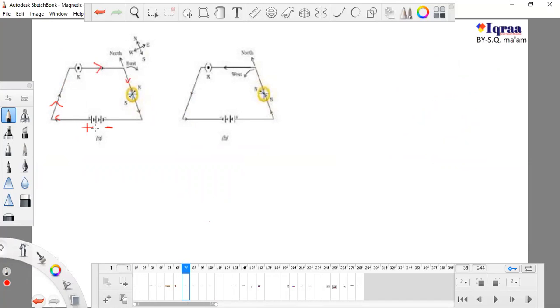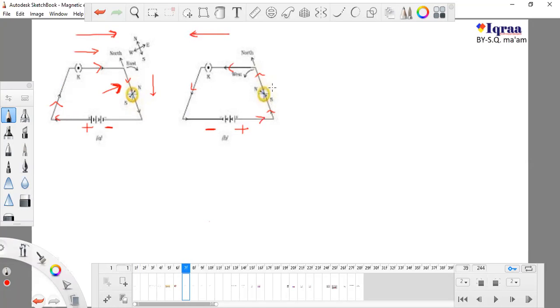So if the current flows like here, or if the current flows like here, you can see the needle of the compass is deflected toward this side. Here this is the positive side and this is the negative side, so we know that the movement of current is like here.